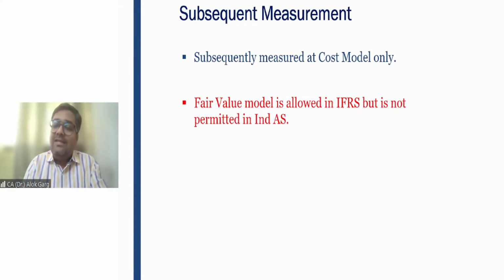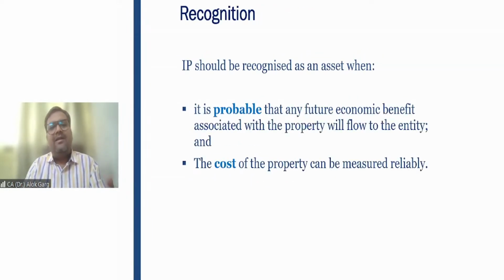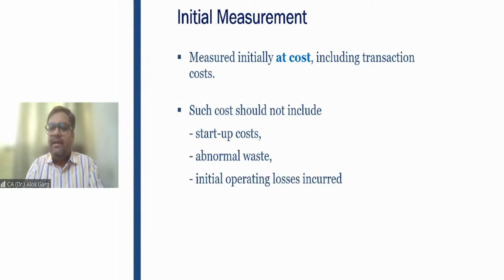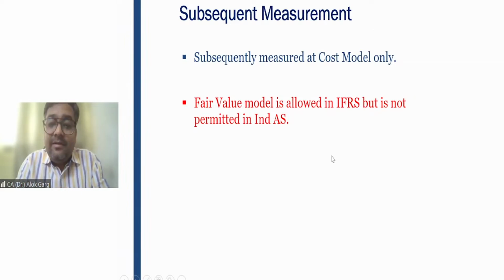Right, friends? So initial recognition and subsequent recognition, same condition. Future economic benefit probable, cost can be measured reliably, and initially measured at cost. What is subsequent measurement? Friends, in investment property, revaluation model is not there, right? Why, sir?